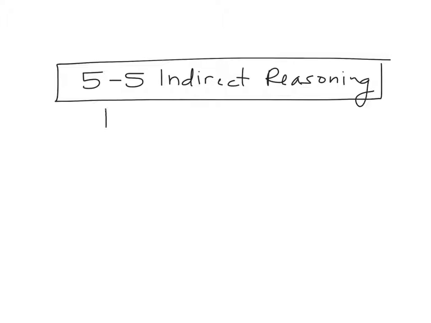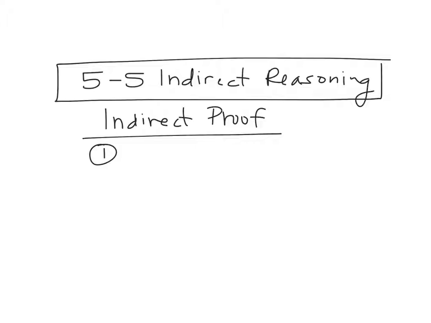For an indirect proof, there are 3 steps always. Okay, the first one is, if we're really going to prove it by contradiction, by basically process of elimination, the first thing you have to do is assume temporarily. We're just going to say assume. Don't worry about the word temporarily.